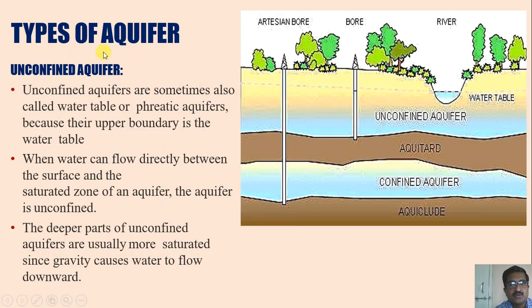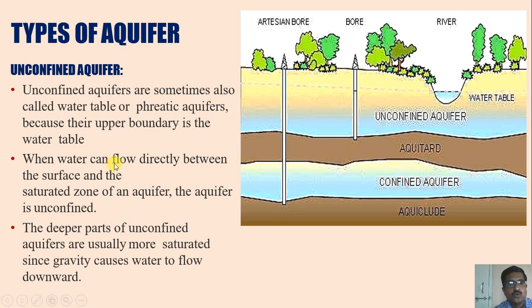Now again we have to see the types of aquifer. The first one is the unconfined aquifer. Unconfined aquifers are sometimes also called water table or phreatic aquifers because their upper boundary is the water table. So you can find the unconfined aquifer here, and this particular line is the water table, the upper surface of it.